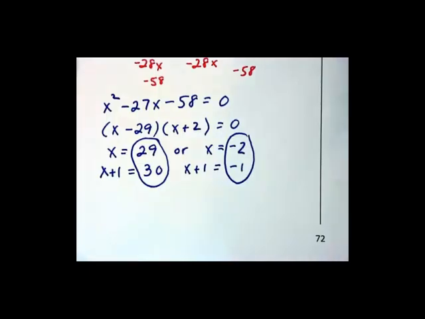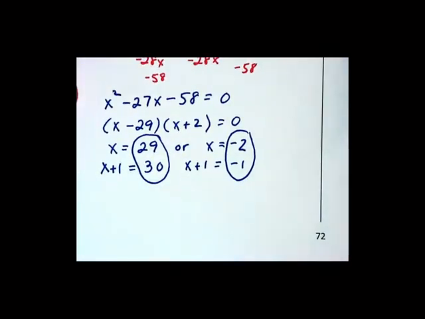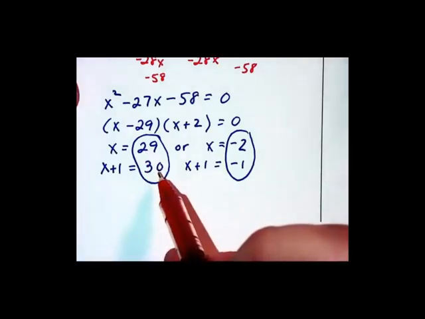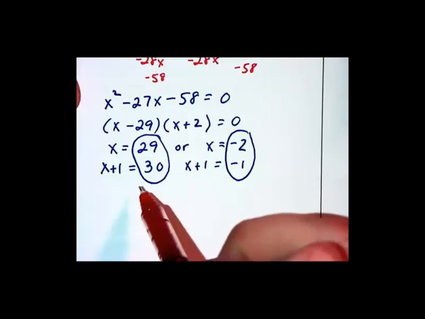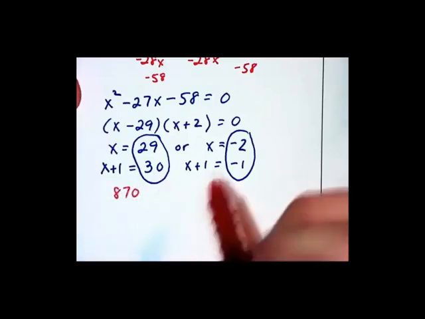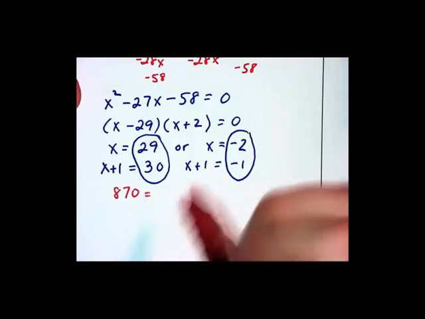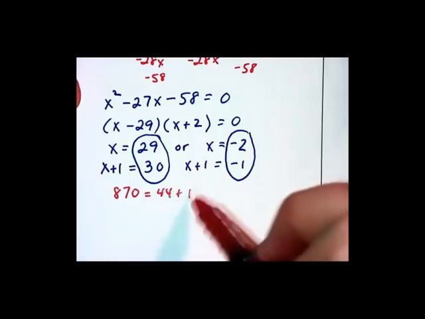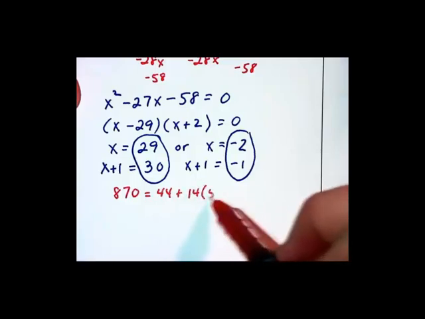Reading the problem, it says the product of consecutive integers. That would mean I'd have to multiply 29 times 30. Well, that's going to be 870. That product equals 44 more than 14 times their sum, and their sum is 59.